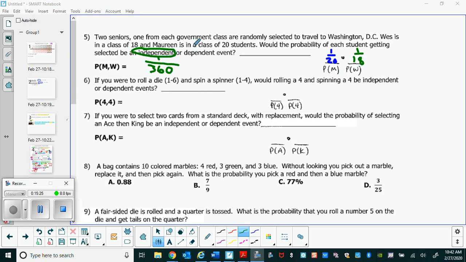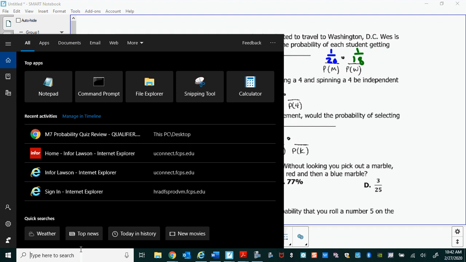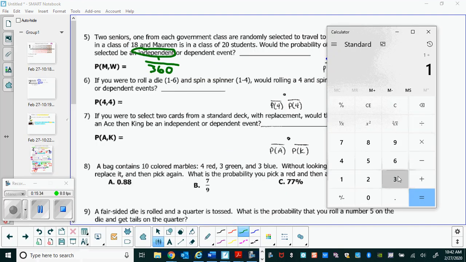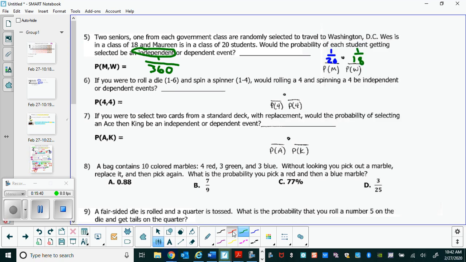Is it more likely if they're in different classes or less likely? So on the calculator, if we do the 1 out of 360, when they're in different classes, there is a 0.27%, which is basically a 0.3% chance that both of these kids will get to go on the trip. So if they're in different classes, it's a 0.3%.